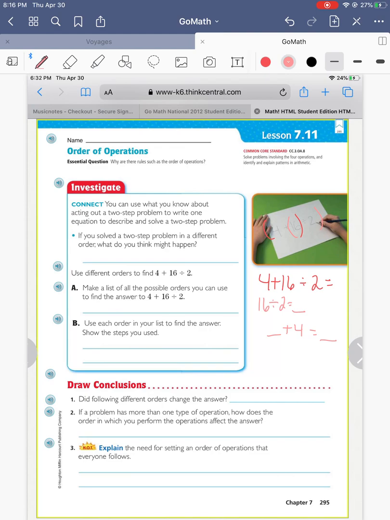Do you think that we're going to get the same answer either way, or do you think we'll get a different answer? I'm going to say you might get a different answer, because if we do the addition first, we might get a different answer than if we do the division first.